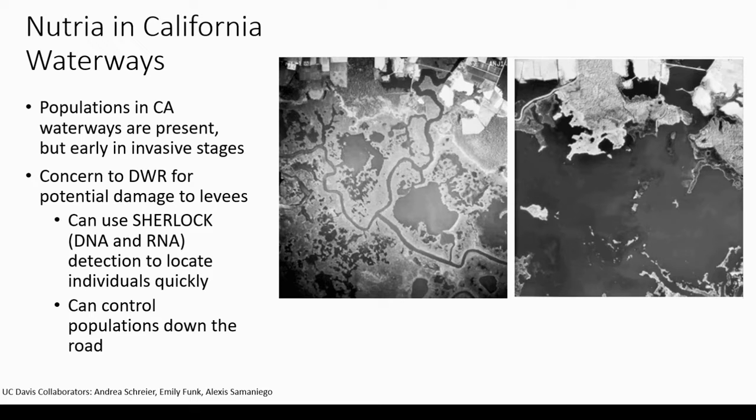It can persist outside of an animal for about 13 to 24 hours, and it's about days or weeks for DNA. And so this is great as far as being able to detect recent activity of nutria when we are trying to eradicate them. We can see how effective our eradication efforts have been.